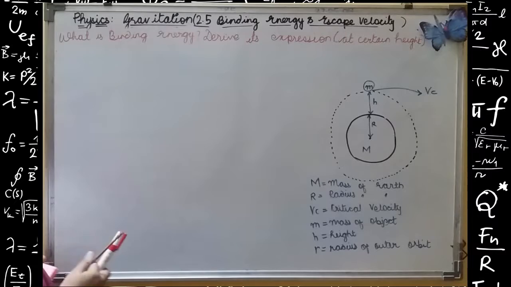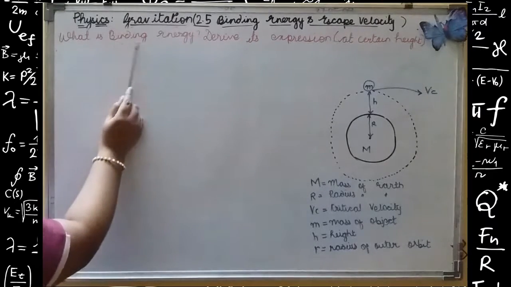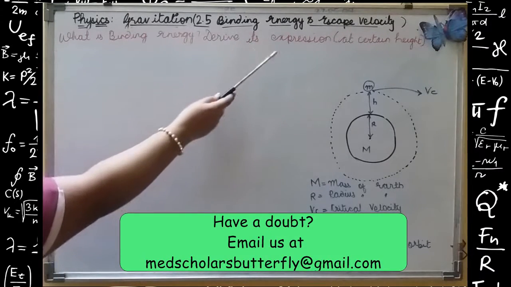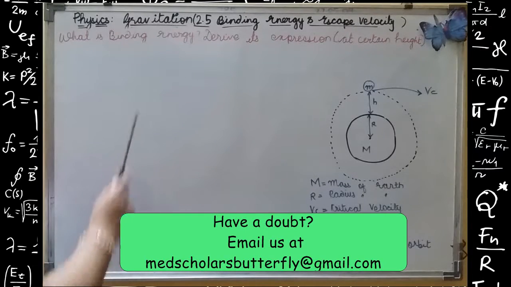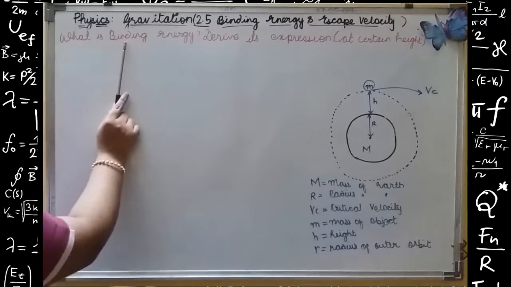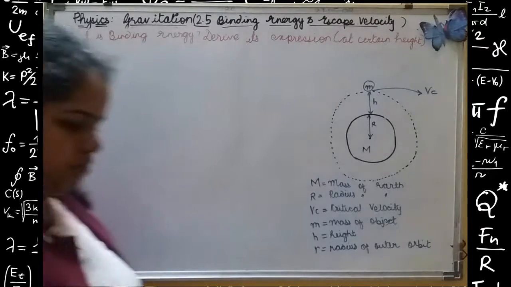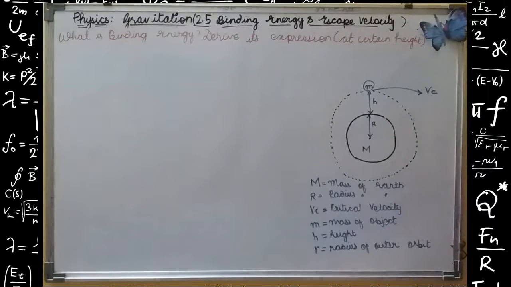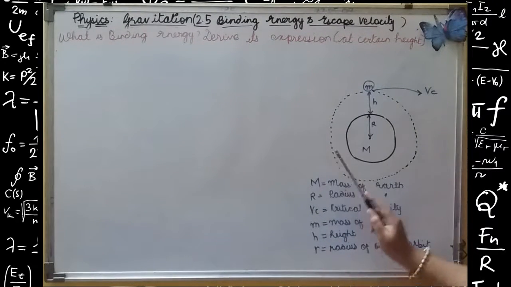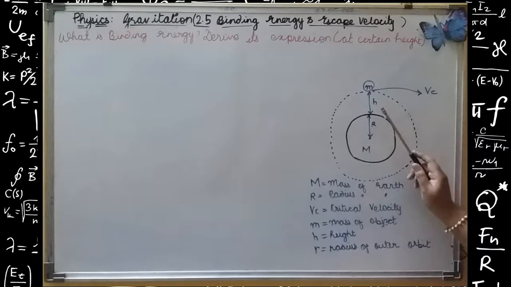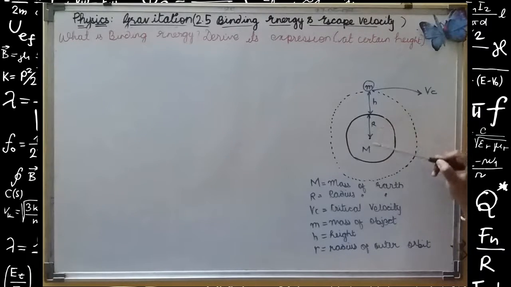Now we will derive an expression for binding energy at a certain height. What is the binding energy of a satellite or an object when it is at a height h from the Earth? These are the assumptions taken. Capital M is the mass of Earth, capital R is the radius of Earth. This is Earth.